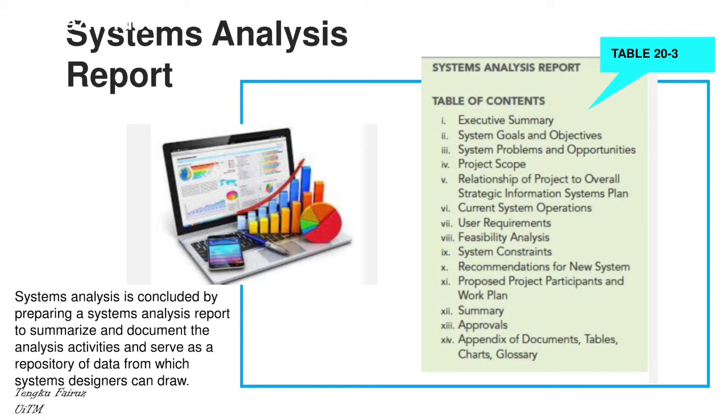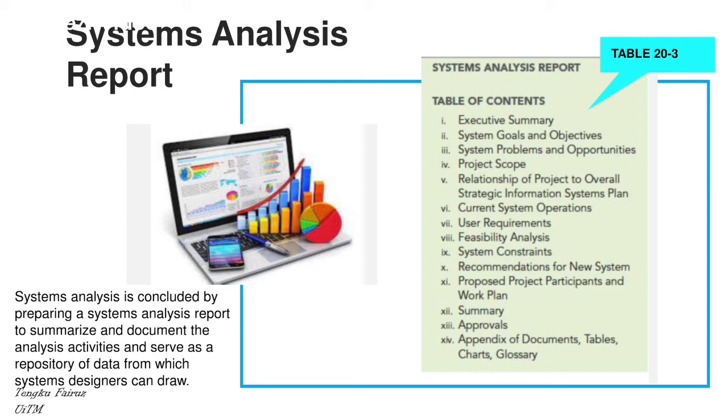So this analysis report will be used in the conceptual design when the system analysts want to evaluate or design the specification. You can refer to table 20.3. That's the example of the system analysis report prepared by Shopper Smart, from the integrative case.